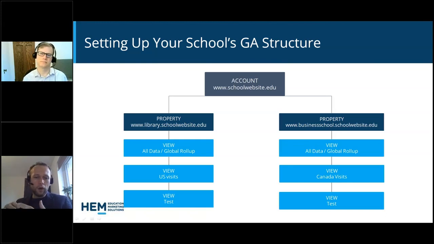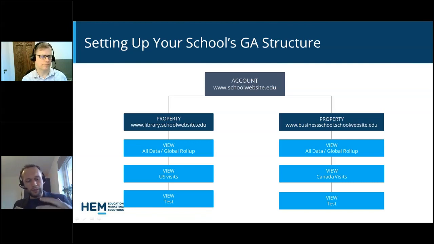An example of what a property might be within education could be a library page for the university library, which is part of the main website for the university, or for an English language school, a property might be the summer school, as an example. And then taking that a step further down, you can see the view.